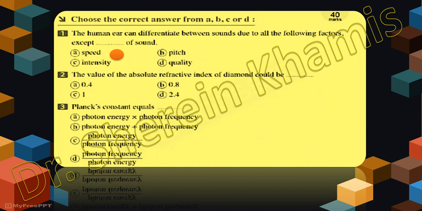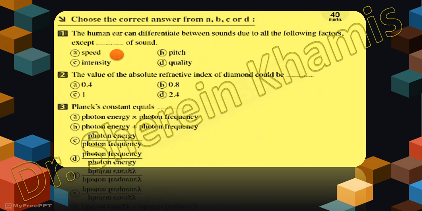The value of the absolute refractive index of diamond could be... Okay, we said that diamond has high optical density, so when light travels from air to the diamond, it will have a high refractive index, stronger than the air.